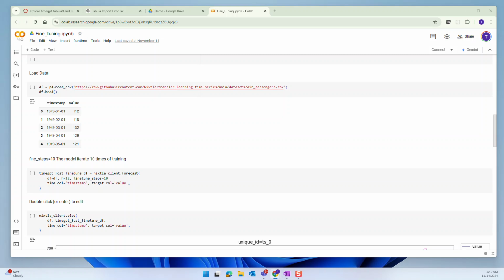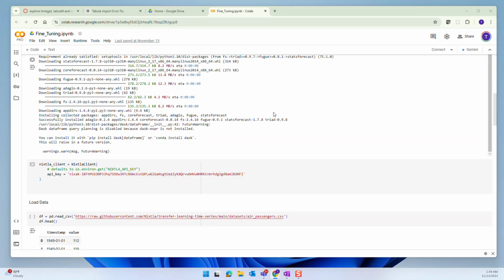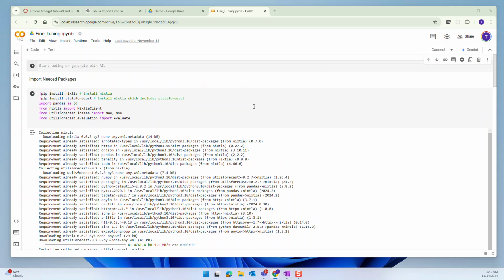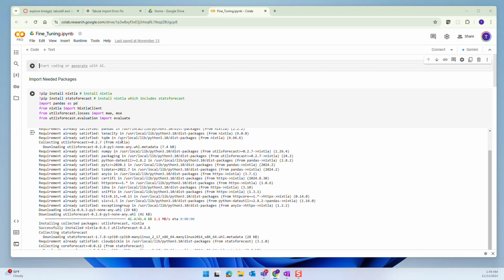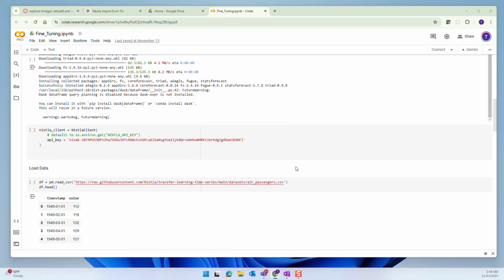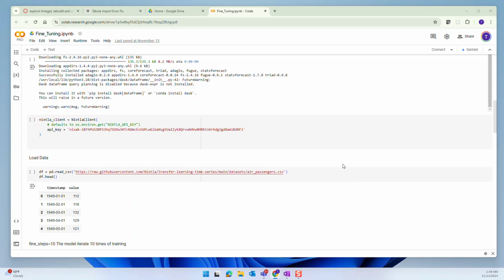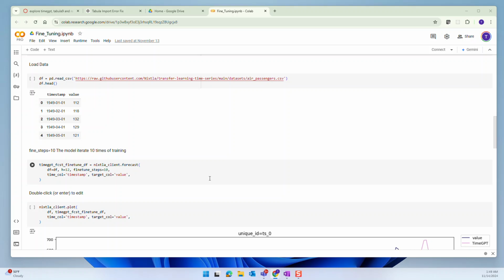Okay, and on this one, it's basically the fine tuning piece of it, where it imported the packages that we needed, the Nixtla and the StatsForecast and the pandas for our read, followed by the client with the API key again, read some of the data, and then here the fine tuning steps was defined as 10.